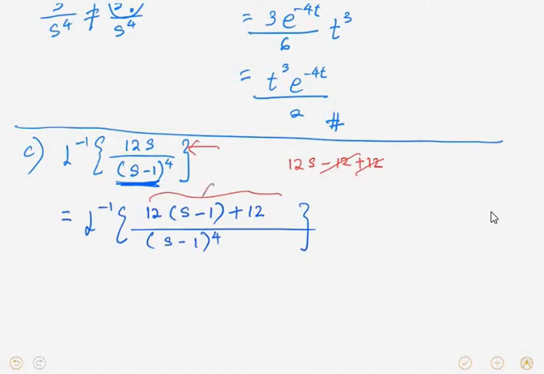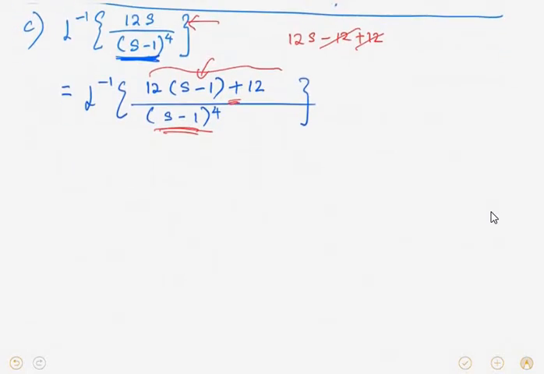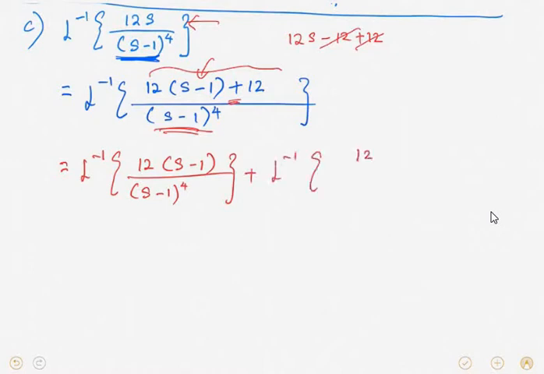We choose s minus 1 because of the denominator. Now we can separate into 2, since we have the plus here. So you have the inverse Laplace transform of 12 (s minus 1) divided by (s minus 1) power 4, plus the inverse Laplace transform of 12 divided by (s minus 1) power 4.